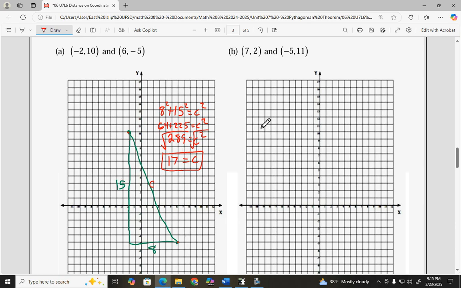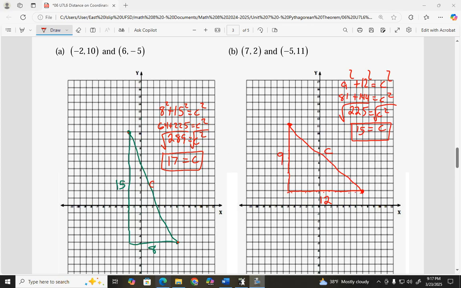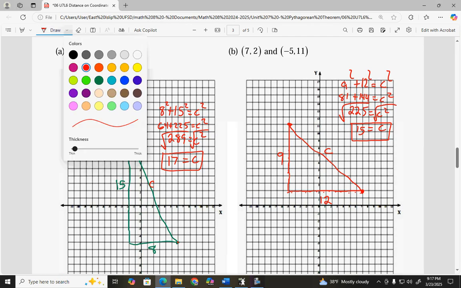I used the Pythagorean theorem and found that the diagonal side would have to be 17. And on letter B, after plotting the points and drawing a right triangle, I see my legs are 9 and 12. I use the Pythagorean theorem to find that the diagonal side, side C, would be 15.